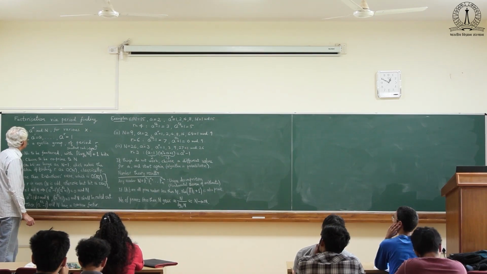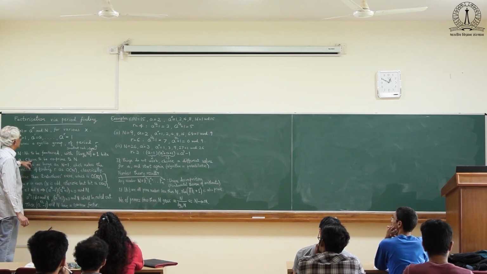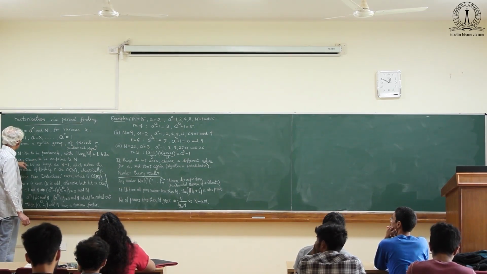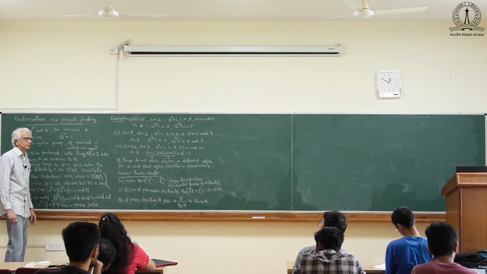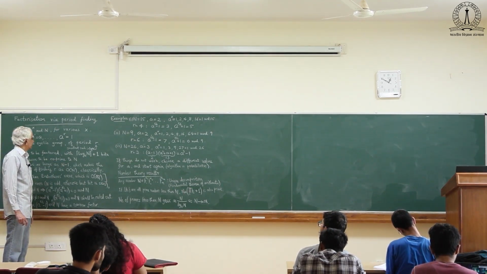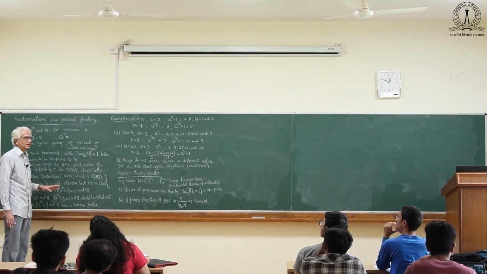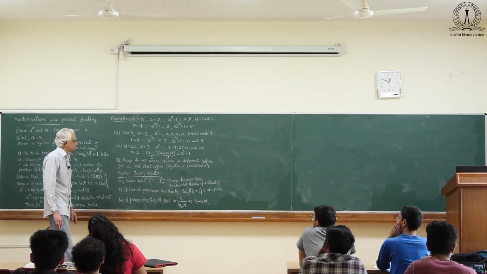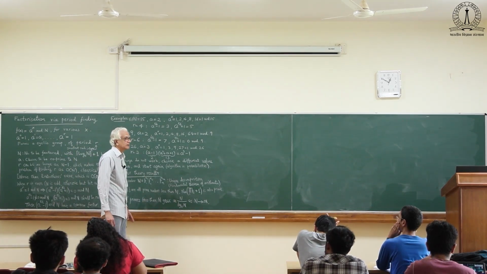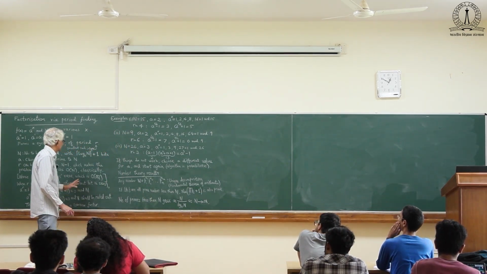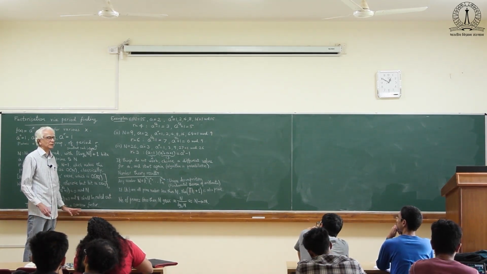So the first thing which I stated was that A is chosen to be co-prime to n. What does it mean? That A and n do not have any common factor, which is rephrased as the so-called GCD, greatest common divisor, of the two numbers being equal to 1.